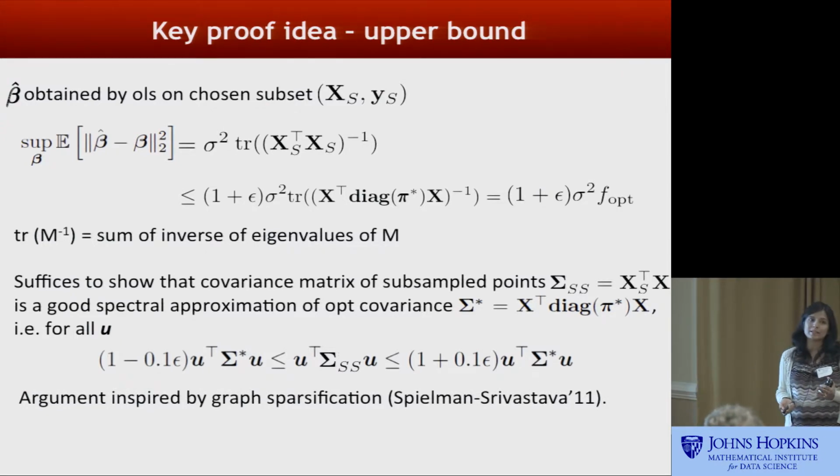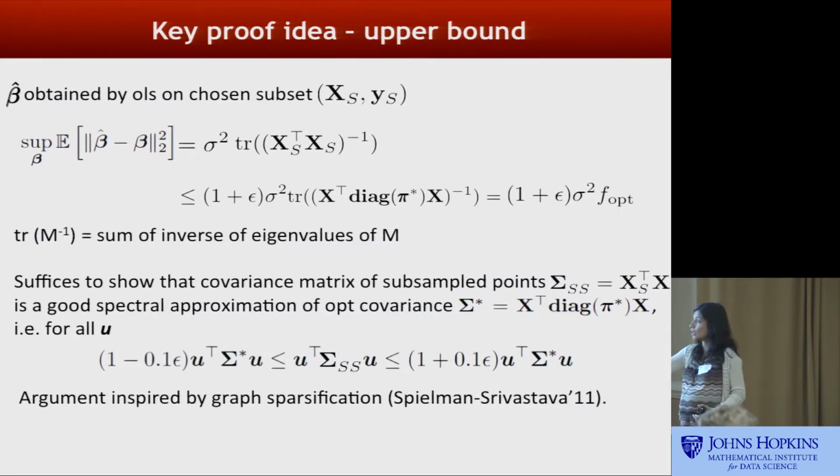This is the result which tells you how to relate the covariance matrix of a subsampled set of points to another matrix, which is, in our case, this particular matrix coming in our convex optimization problem. And we can essentially use all these results on graph sparsification. They come up in the context of sparsifying graphs, but graph matrices are the same thing, right? So you can apply it here. And we use it here to talk about how you can get this 1 plus epsilon approximation.